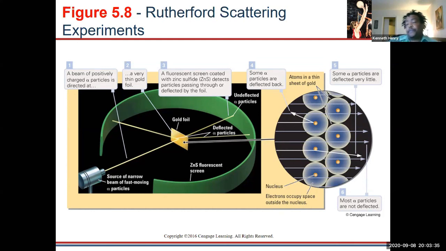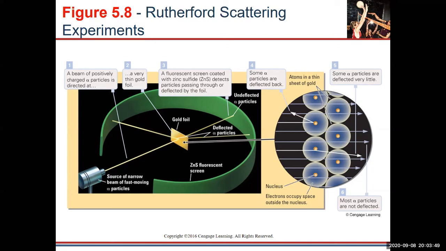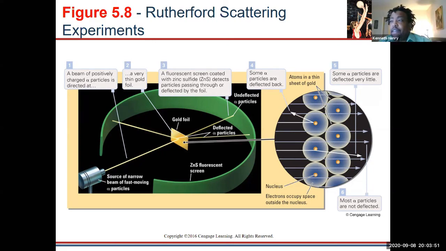So he's like, I have this piece of gold foil and I'm going to shoot some positive particles, alpha particles, which are positively charged, towards that gold foil. If Mr. Plum Pudding was right, then you would have your positive and your negative mixed randomly.